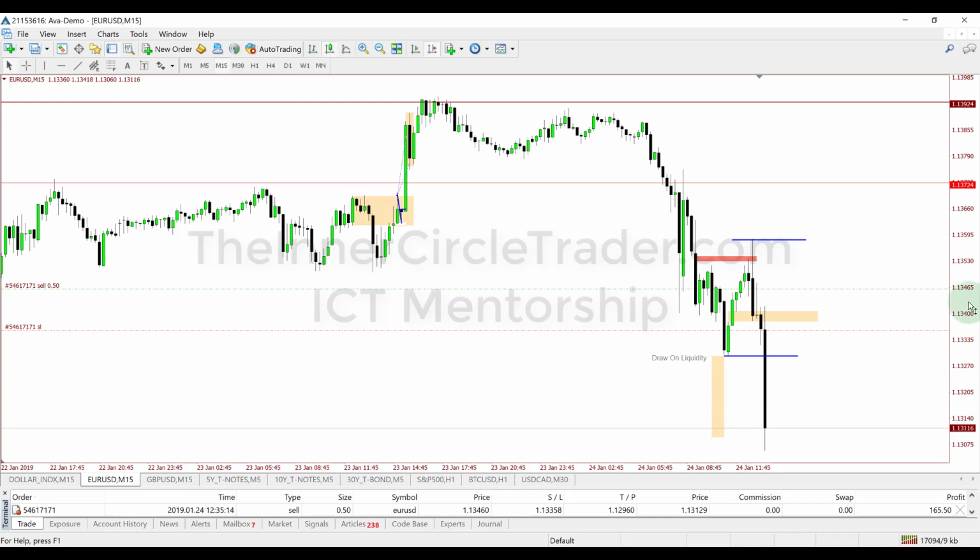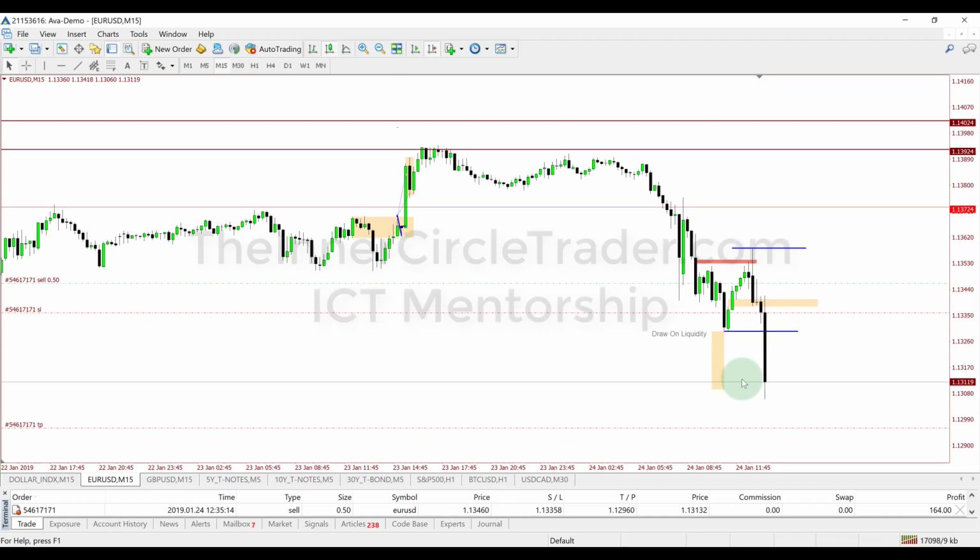So we've done a 20 pip stop sweep. And then we have 30 would be here, and we have a best case scenario if it spikes down to give us 50 pips on the week. And that would be right. Good grief. There we are. That would be 30 pips.